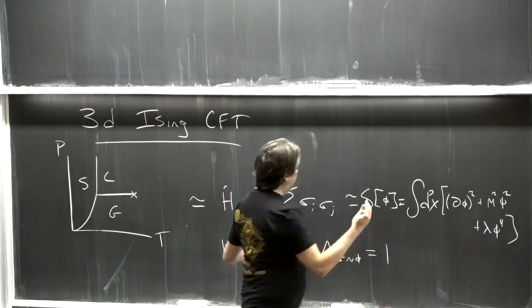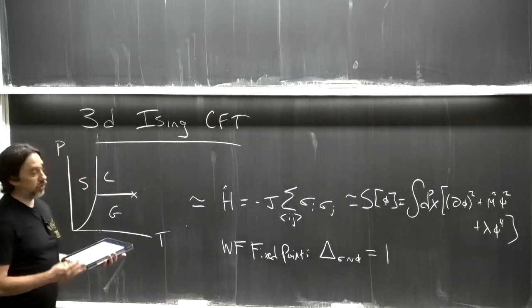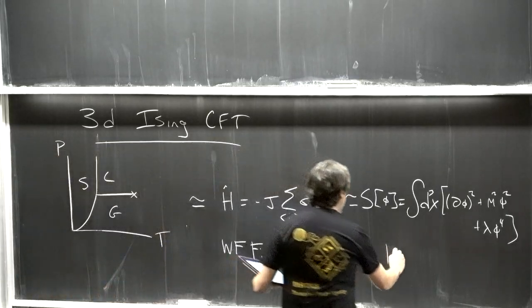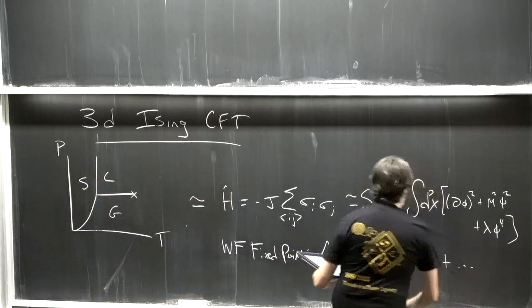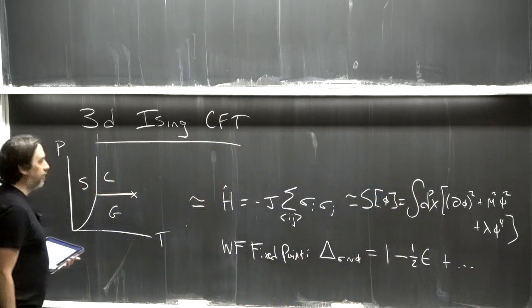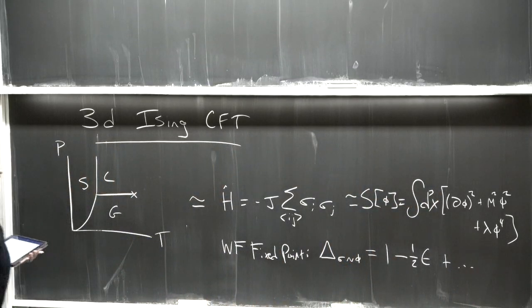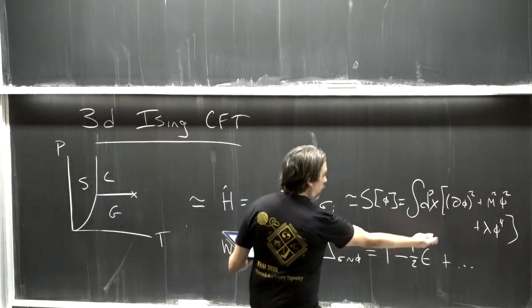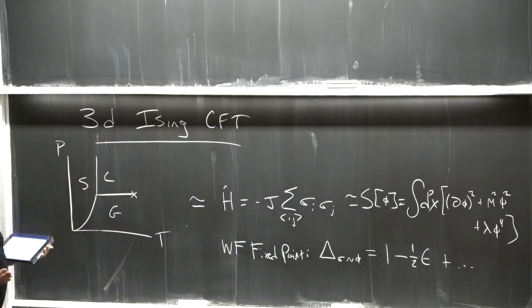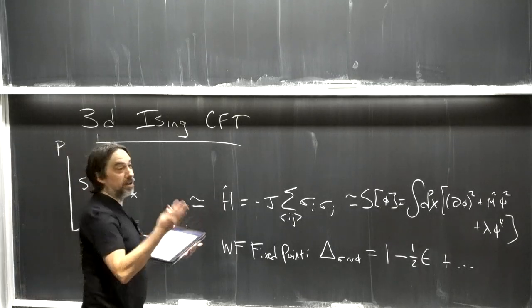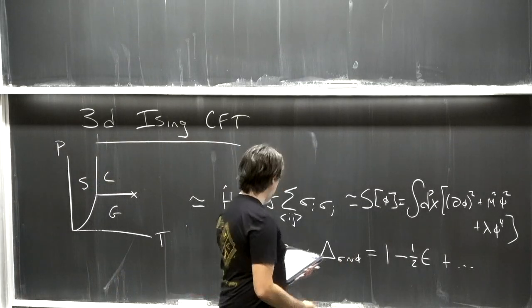And in 4 dimensions, a free scalar has scaling dimension 1, and it gets some correction, minus 1/2 epsilon, plus so on. If you extrapolate epsilon to 1, then you get 1/2, which is the scaling dimension of a free scalar in 3 dimensions, and it's a good starting point for thinking about this field.